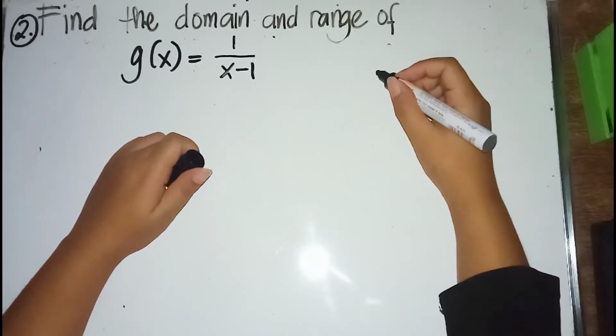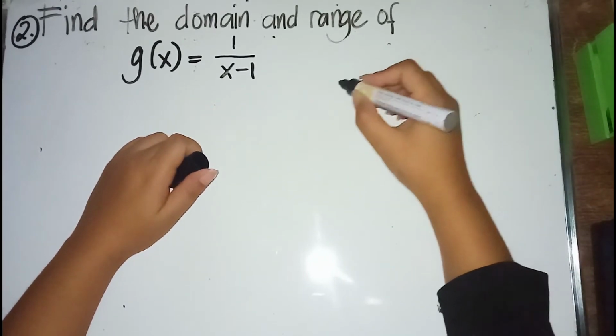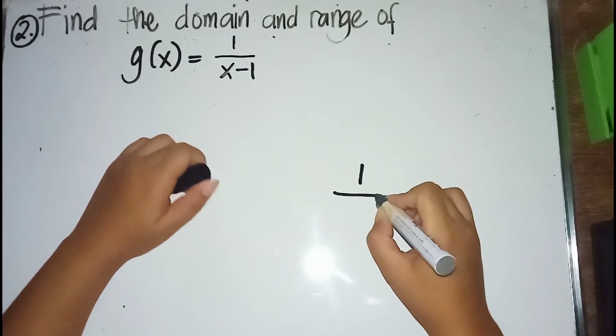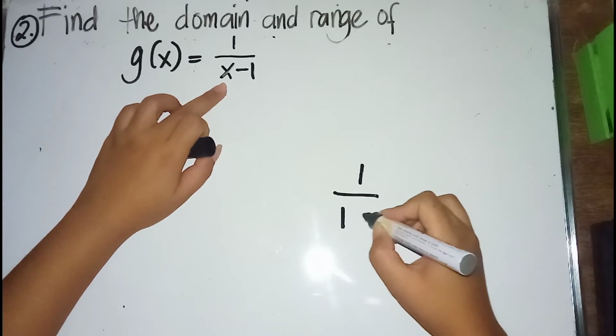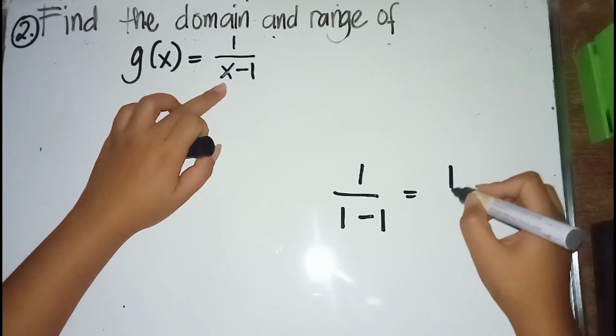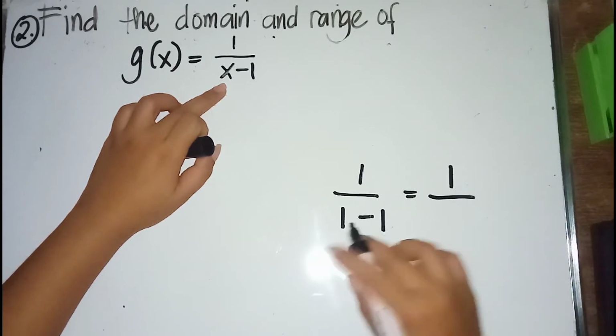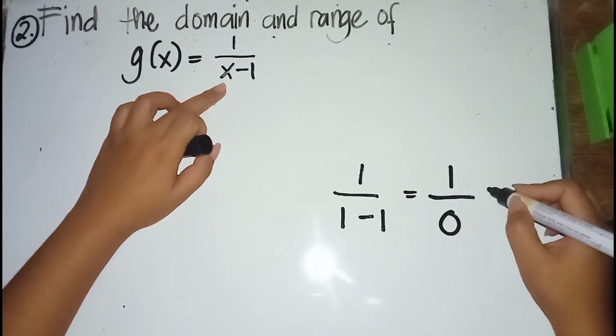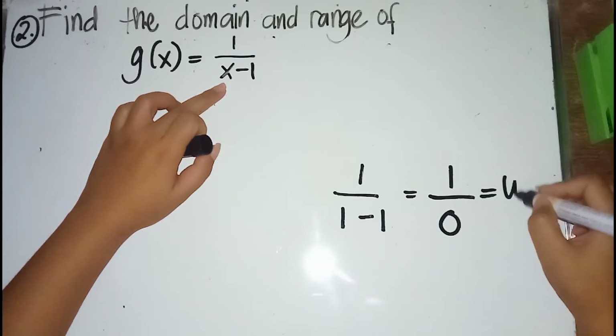Because if we let x be equal to 1, our function would be 1 all over 1 minus 1. 1 all over 1 minus 1 is equal to 1 all over 0, and 1 divided by 0 is undefined.